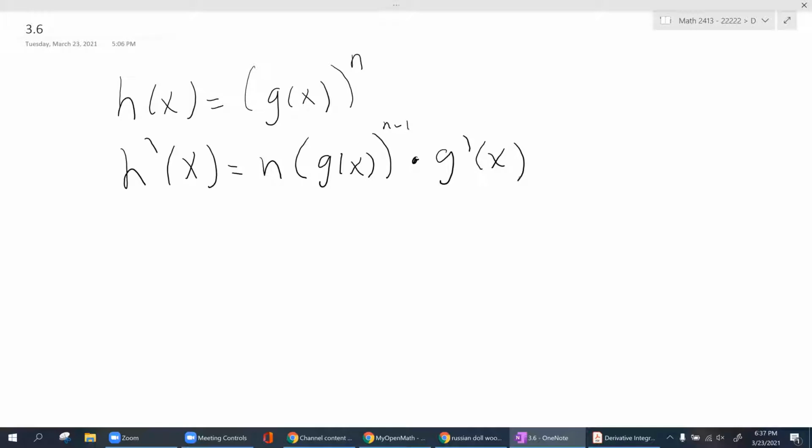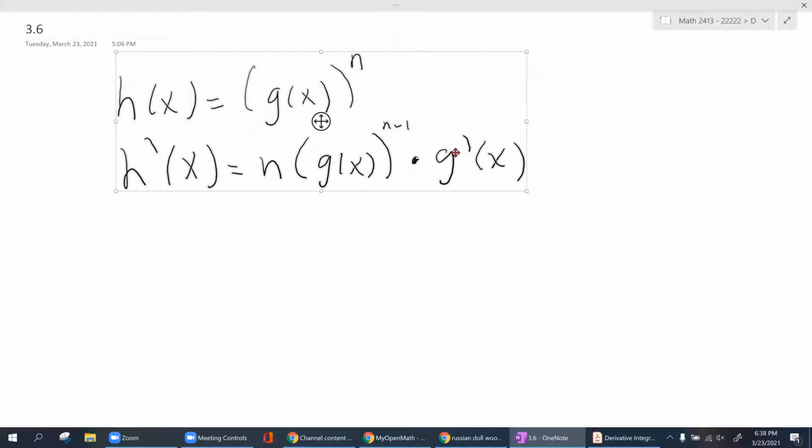Some of you had asked me, is there going to be a time where I have to apply the quotient rule and the product rule and maybe even the chain rule? Yes. Sometimes if you're doing the quotient rule, you may have to do the product rule within that. So this here is my chain rule. Let's see an example of this.